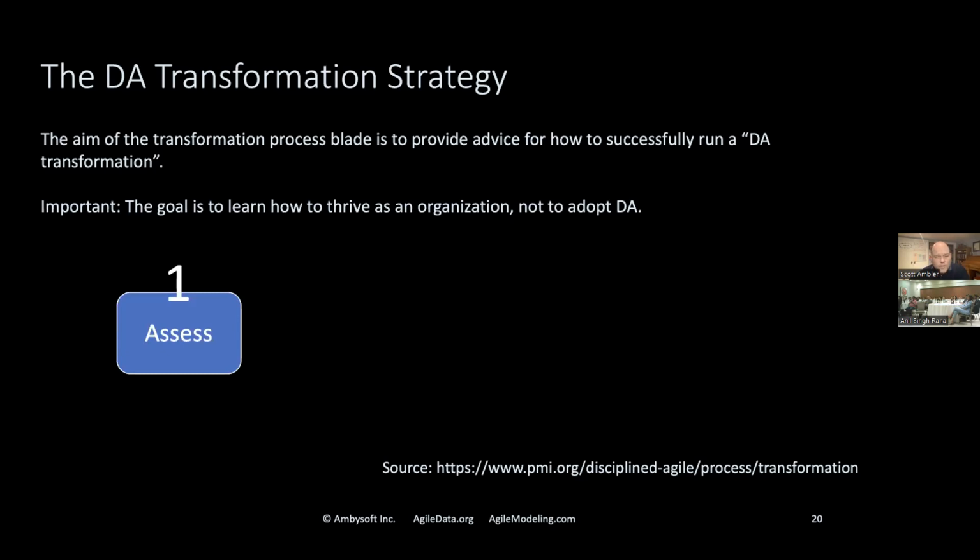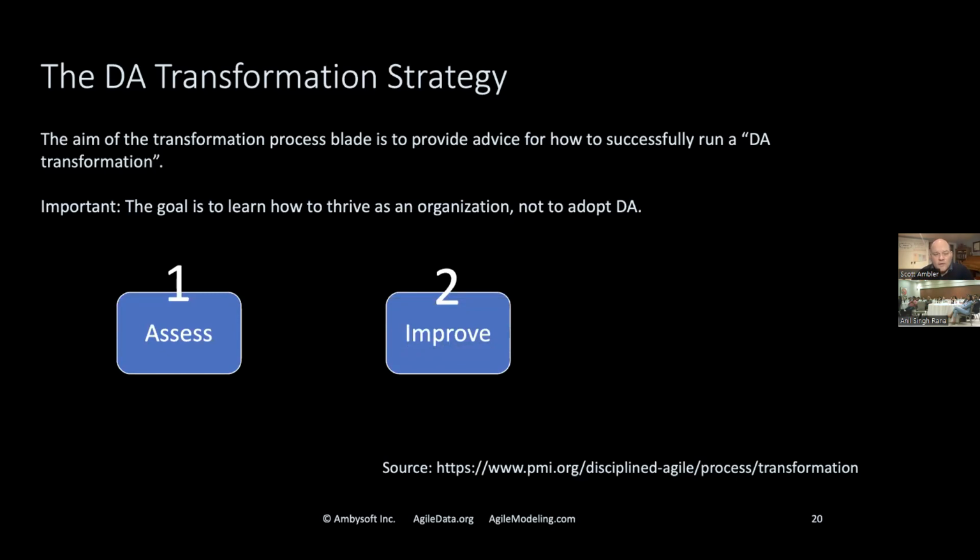If you're currently doing Scrum, great, that's your starting point. We can show you how to improve upon Scrum. If you're currently doing SAFe, sorry about that, but good for you. We can show you how to improve that as well, because you can always get better. And once again, adopting a framework, adopting a method is not the goal. The goal is to become a purposeful learning organization. So anyways, determine where you are and then start improving.